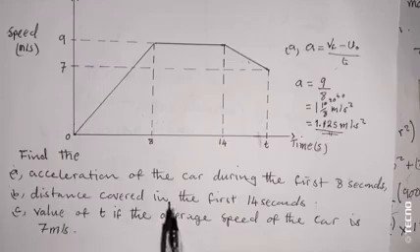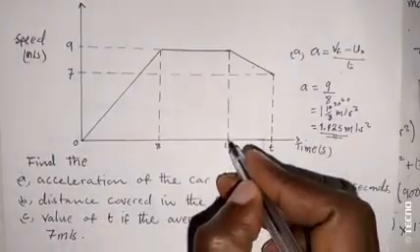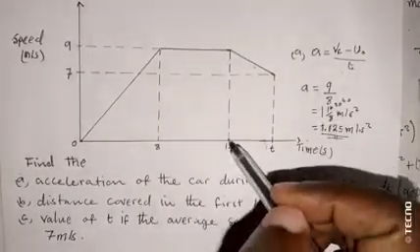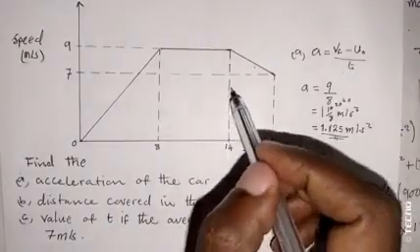b, distance covered in the first 14 seconds. So the first 14 seconds is here, from 0 to 14.